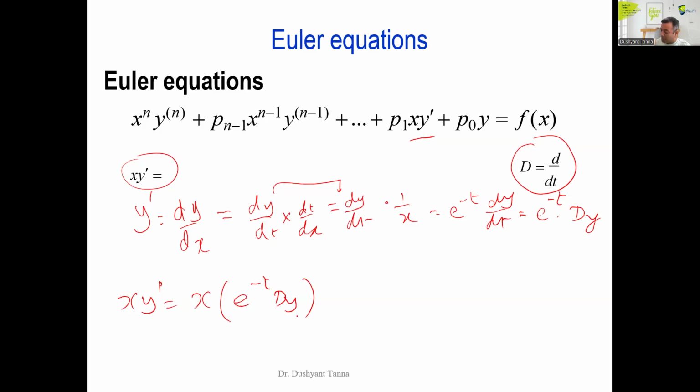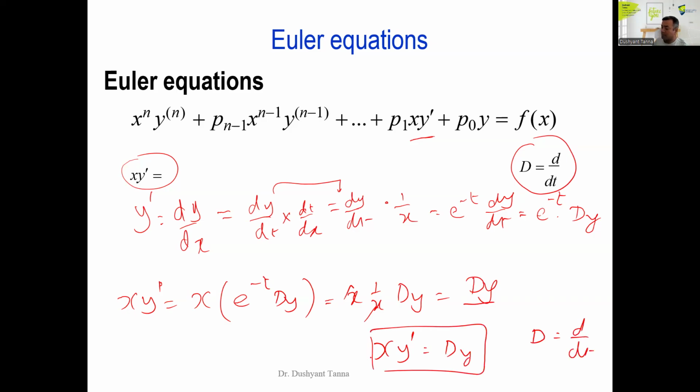Right. Now e power minus t is also 1 on x. So x times 1 on x D y, they both cancel out. And what we are left with is simply D y. So your x y dash is D y. But remember, D is nothing but d over dt. So that's our system being settled down.